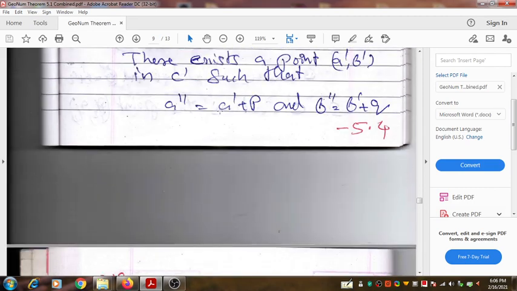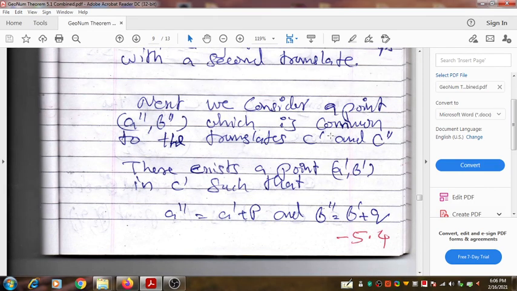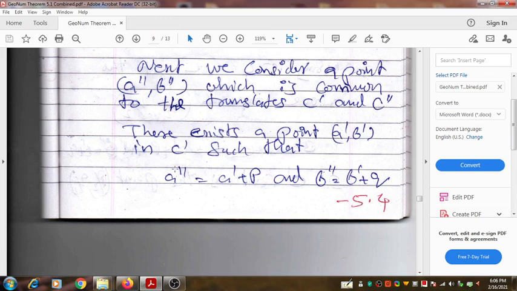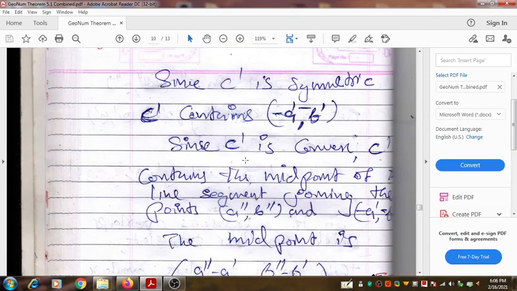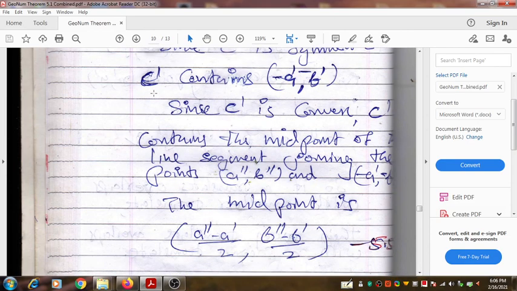Since the point a prime, b prime is in C prime, the symmetry of C prime says that its negative is also there. By the negative point we mean minus a prime and minus b prime, which is also contained in C prime.